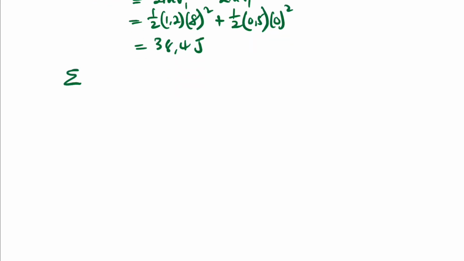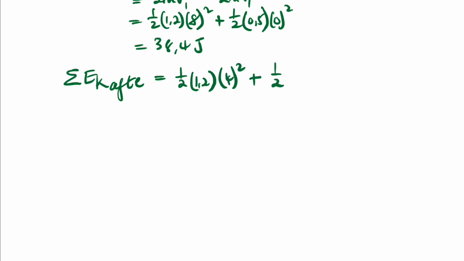Let's calculate the total kinetic energy after. You're doing the same thing. This is the kinetic energy of trolley X times the final velocity of trolley X, 4 squared, plus the kinetic energy of trolley Y. Now the mass is 0.5, its final velocity is 9.6, the one that we calculated.